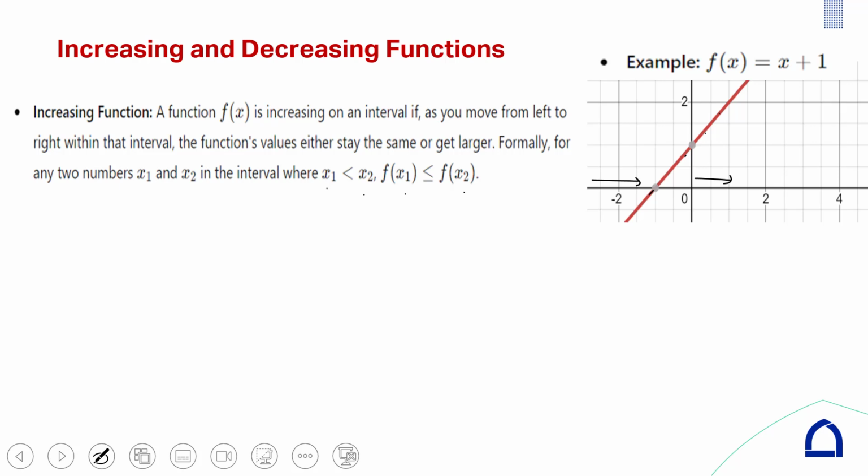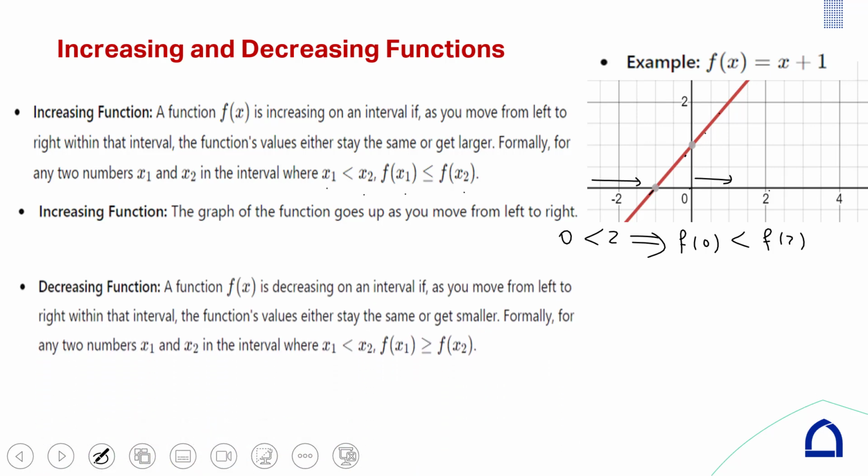Or take any two values, 0 and 2, for example. At 0, it is 1. At 2, it will be 3. So f of 0 is less than f of 2, because 0 is less than 2. So this one is increasing.